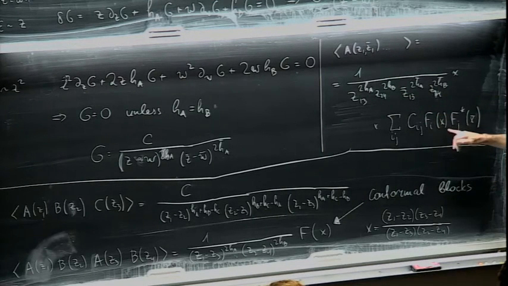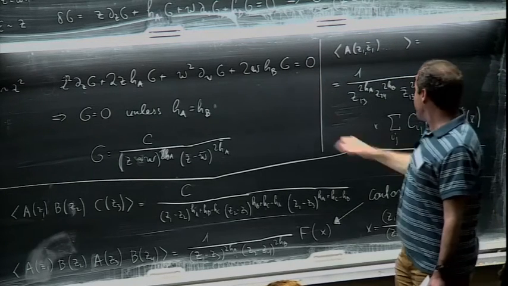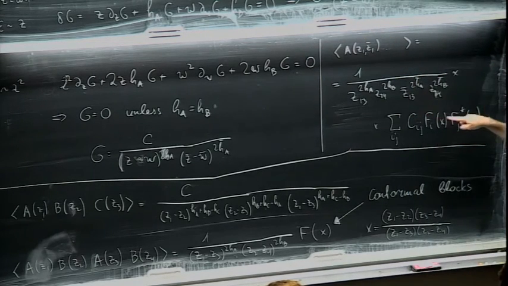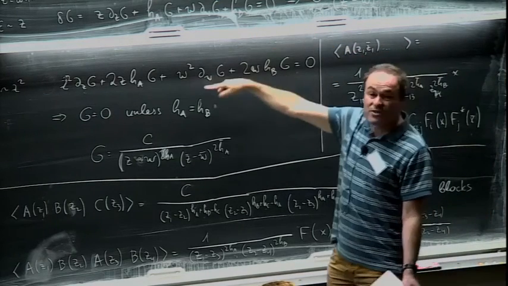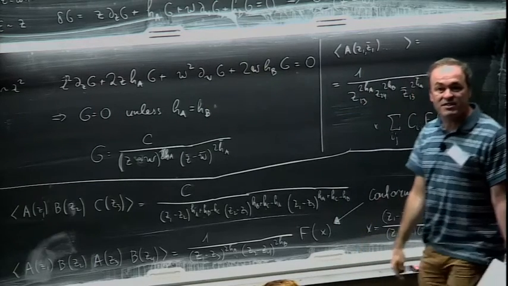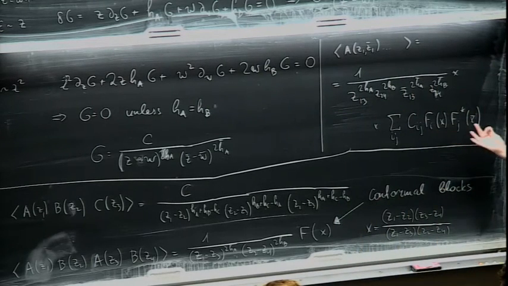And notice that this correlation function will satisfy all these constraints, which only act on the holomorphic part, because each term in the sum will satisfy this constraint. And the sum of this kind will also satisfy this constraint, independently for holomorphic equations of that sort and anti-holomorphic equations of that sort. And so that's why we can combine them like this, because they'll satisfy these equations.